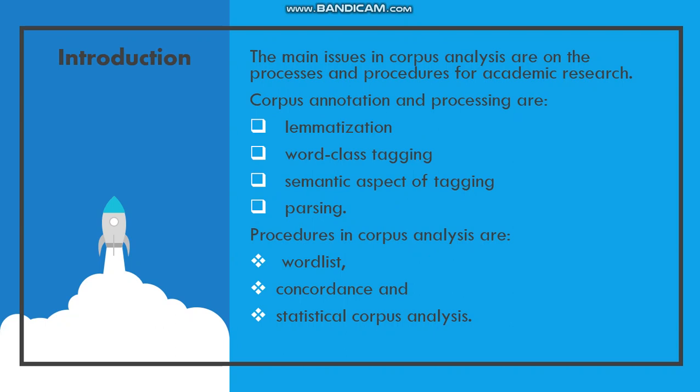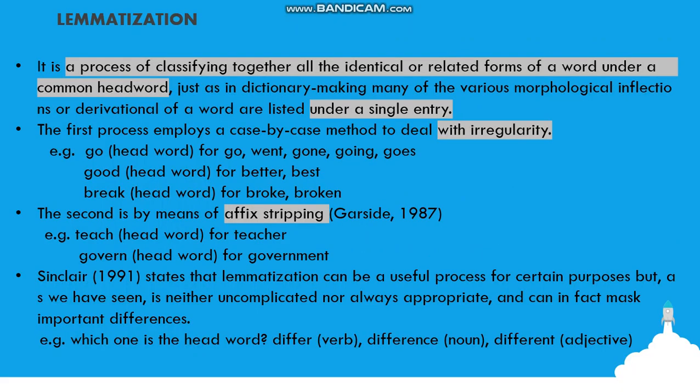They have different functions. After you annotate and process the data using one of these types, you may discuss it later with corpus analysis. It can be a word list, a concordance, or statistical corpus analysis. So we are going to start with corpus annotation and processing.